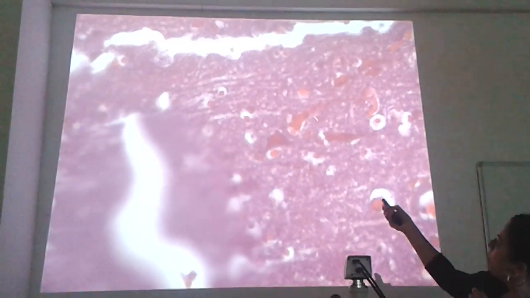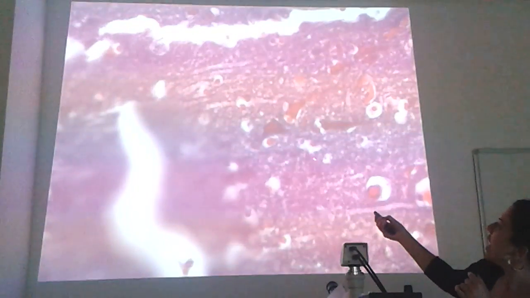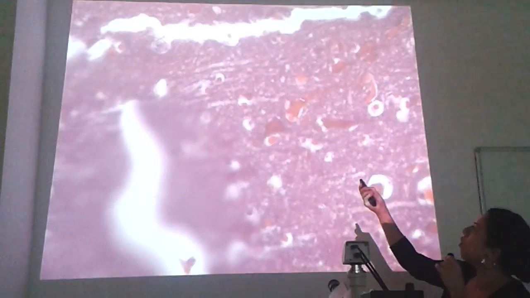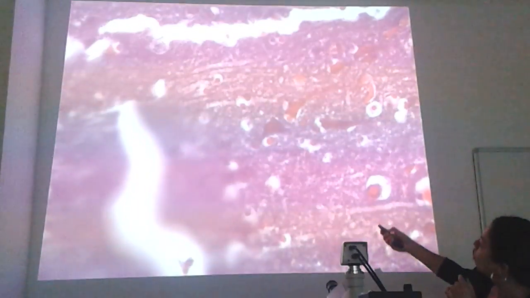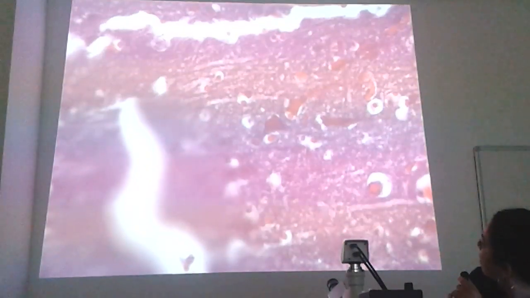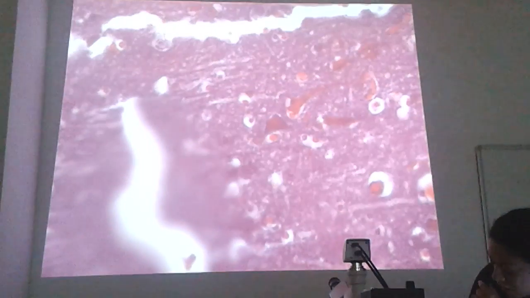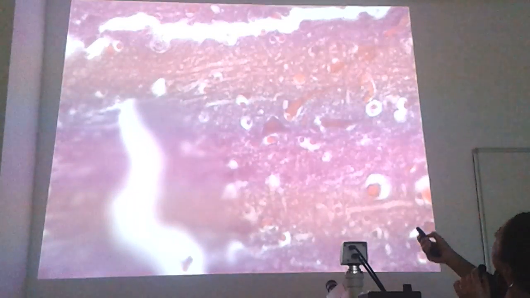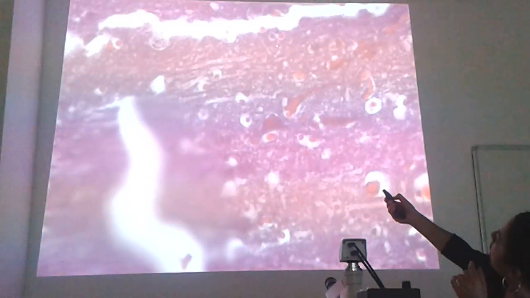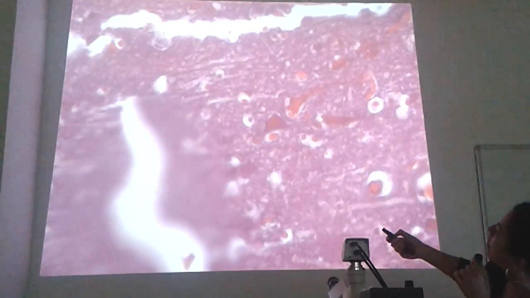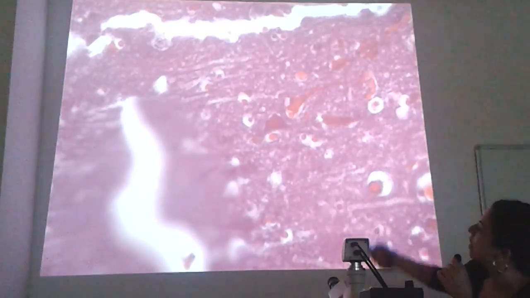So this is the pyramidal neuron. And in the gray matter, although this is the pyramidal neuron, you will also see glial cells. You will see dendrites and axons.